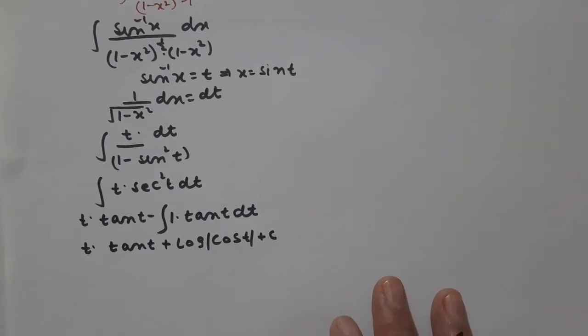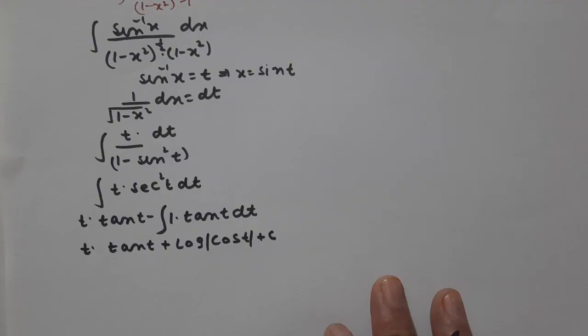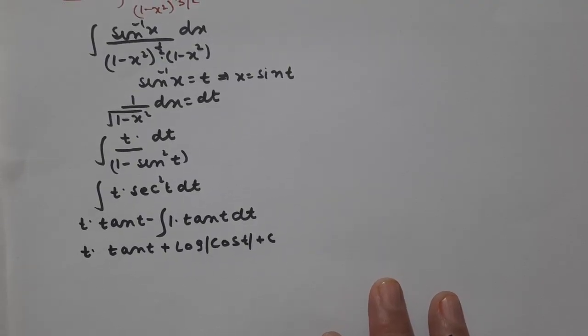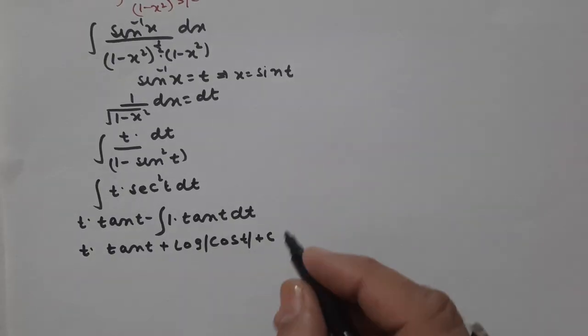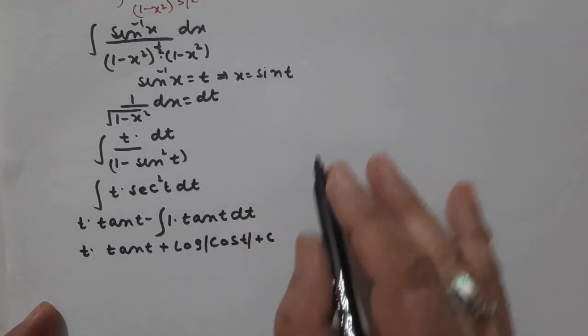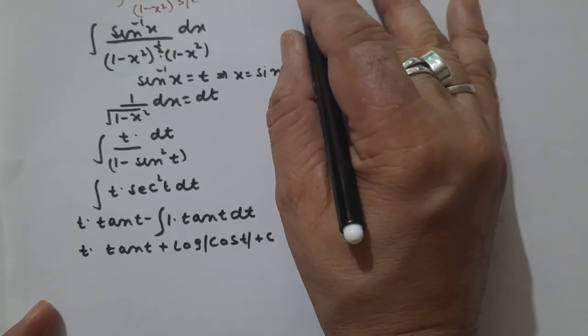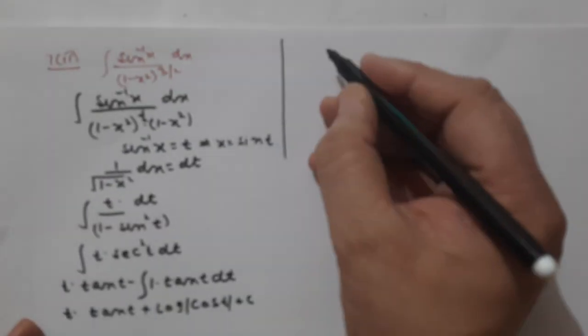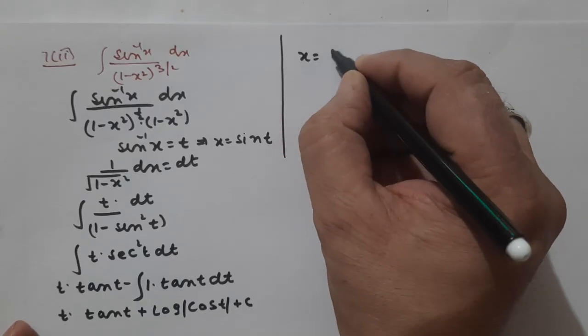Now we have to find the value of cos t and tan t. Let us find out the values of these two. See here students, x is equal to sin t.